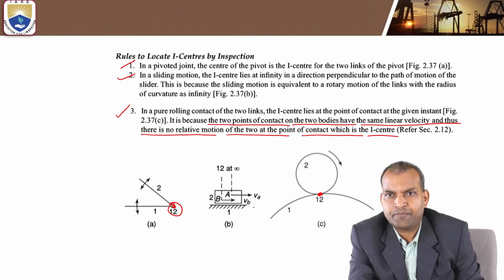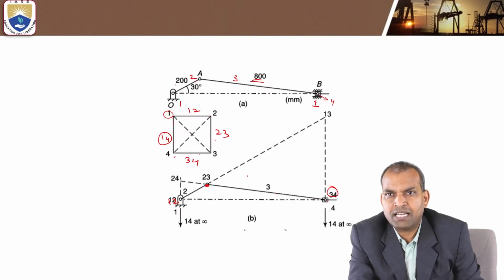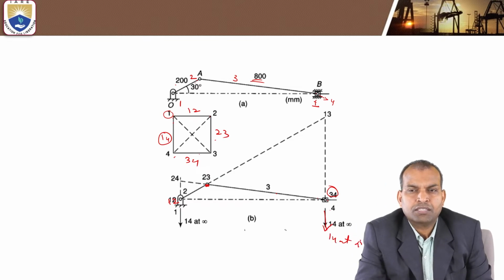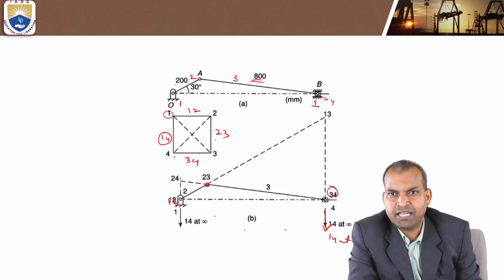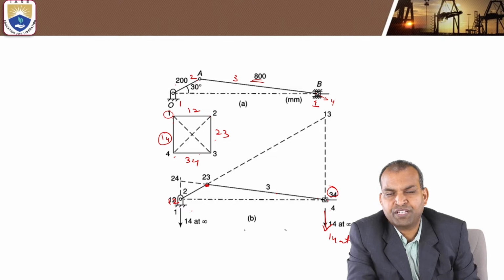This is the figure. For a slider, where will the I center be? The I center is at infinity. That is, 1, 4 is at infinity. In a different instance the same 1, 4 remains at infinity.